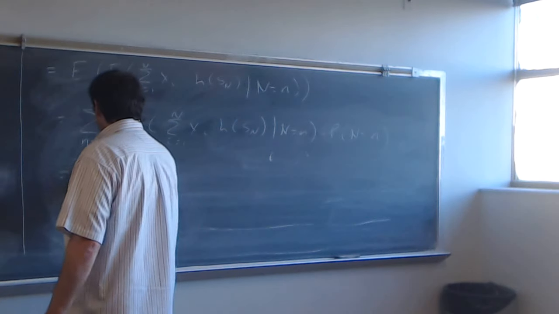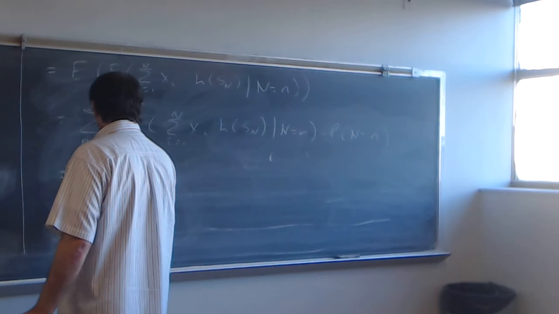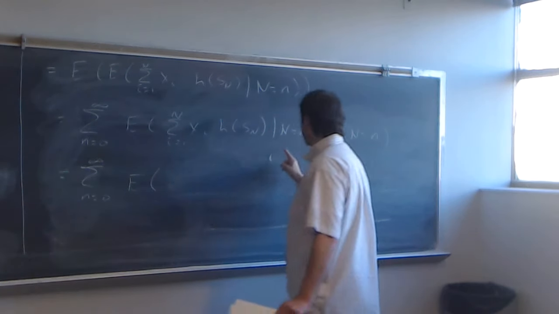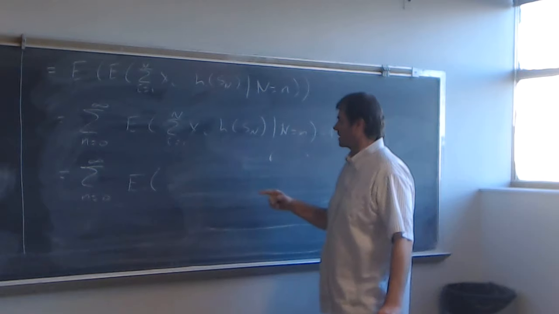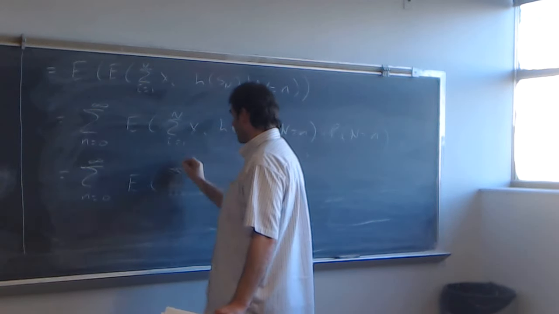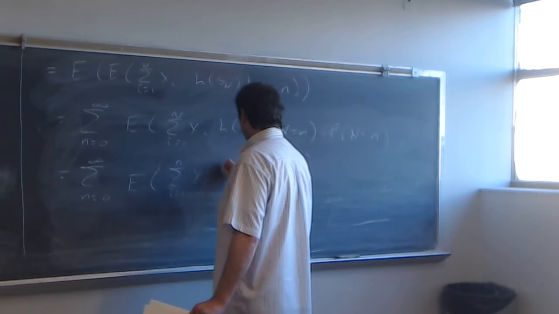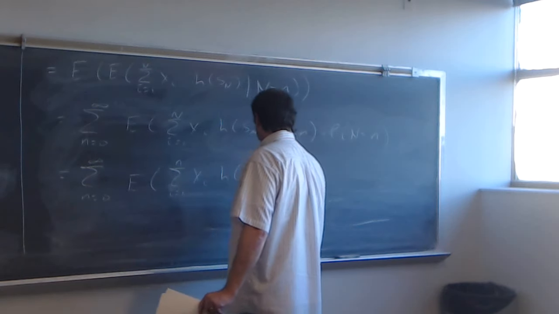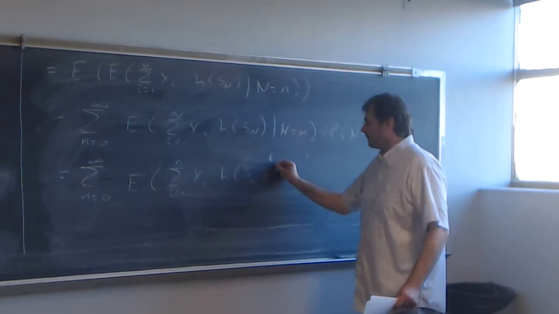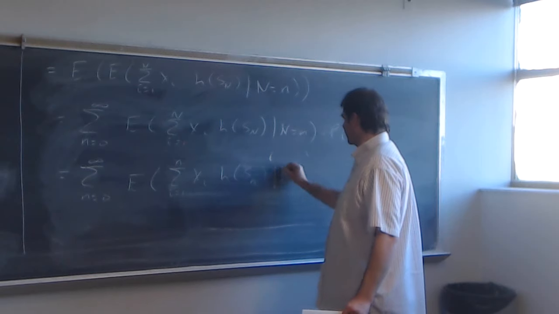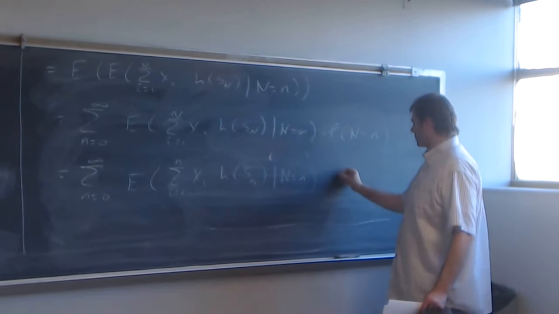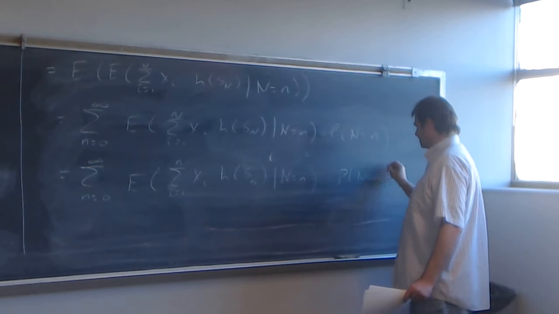Now that is equal to the sum as n runs from 0 to infinity of the expected value of, well, here we know that N is equal to little n, so we might as well replace that here. So it's the sum as i runs from 1 to little n of X sub i, h of S sub n, given N equals little n, times the probability that N equals little n.